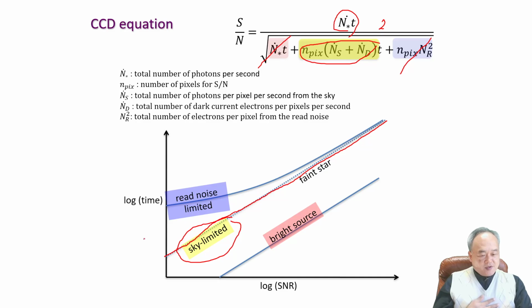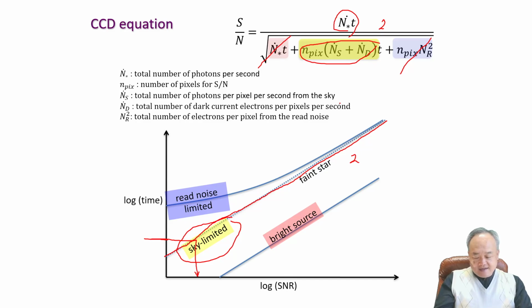So for a given exposure time, it produces a smaller signal to noise ratio. The sky limited observation case has the same slope of 2 as in the bright source case, producing a smaller signal to noise ratio for the given exposure time.